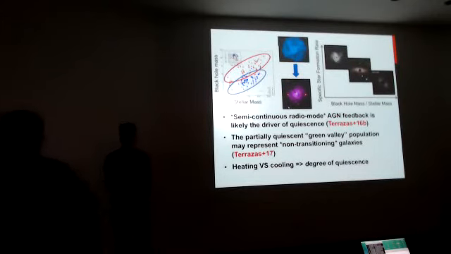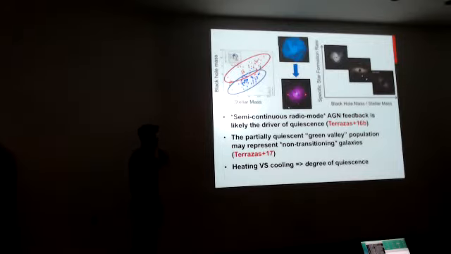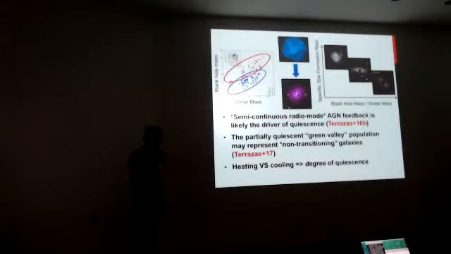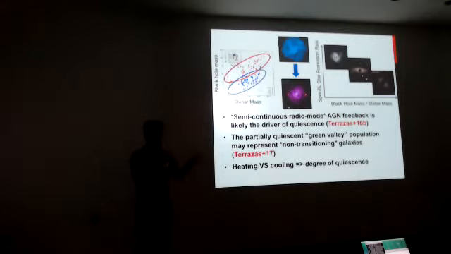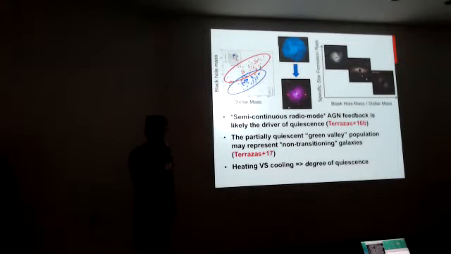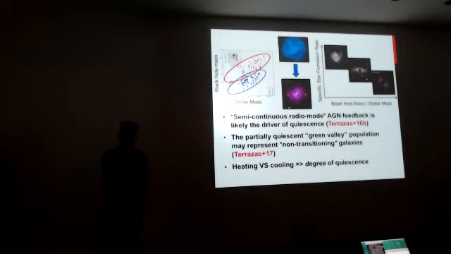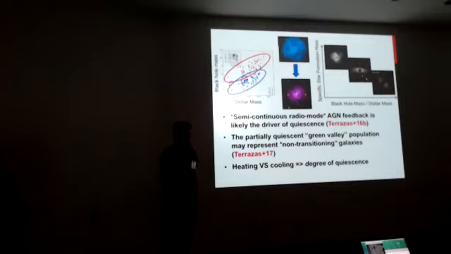That's right. It's a little puzzling. So the way that I think about it is looking into models such as EAGLE, which use this kind of quasar mode feedback. It's more like quasar mode in the sense that it affects the gas inside of the galaxy, and it's only when it's actually accreting that it heats up that gas. But in other models, such as in Henriques, it's a more continuous mode of heating.